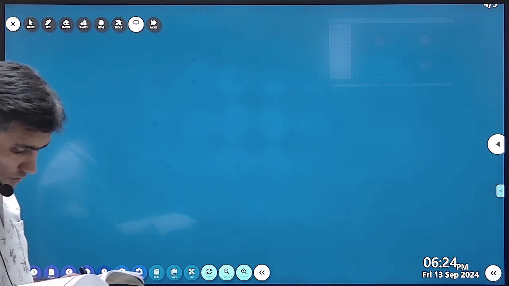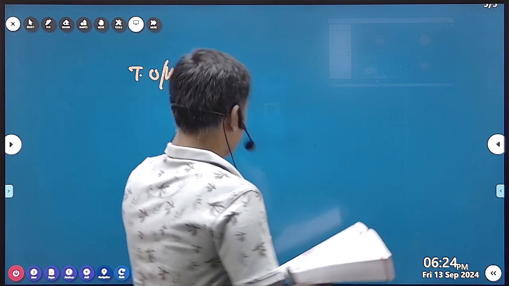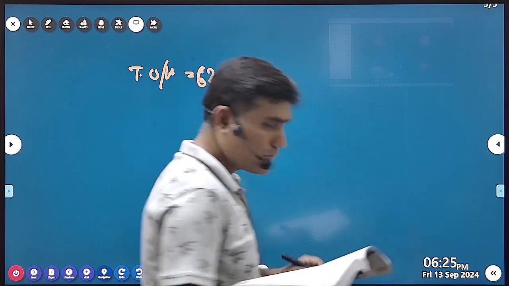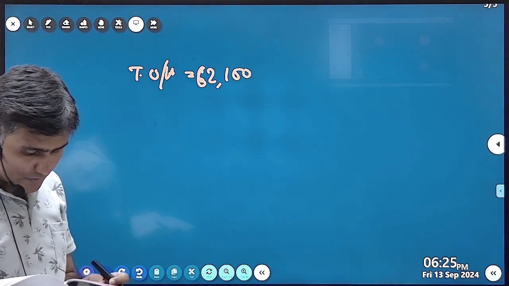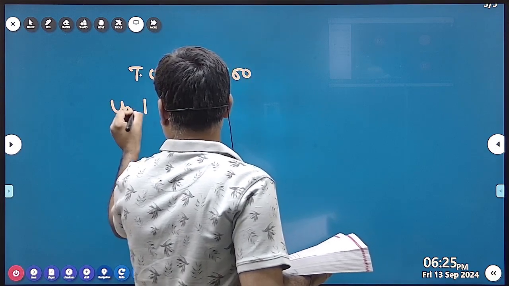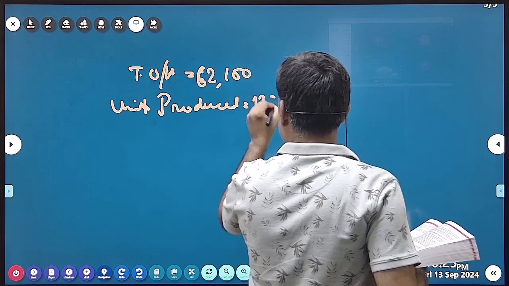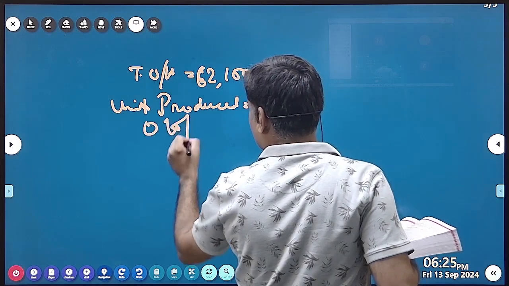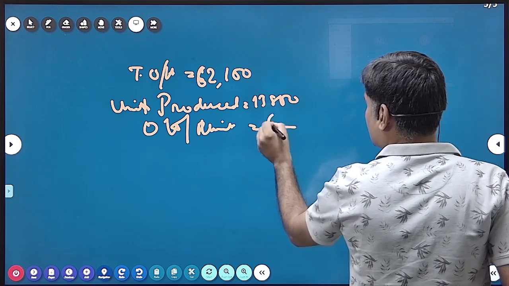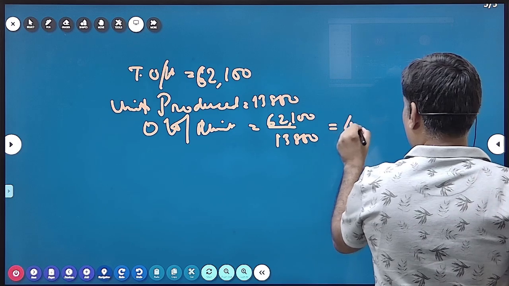So rate per unit produced: total overhead cost is 62,100. Total overhead cost how much? It is 62,100. So if we use the traditional method, how many units are produced? 13,800. So overhead per unit will be how much? 62,100 divided by 13,800, 4.5.